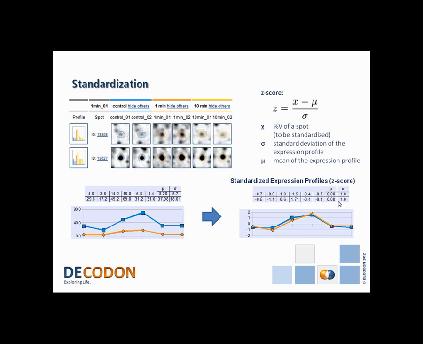The mean is 0 and the standard deviation is 1 for each Z-score set of values. And then the new expression profiles have the same range, so they are mapped into the same data space, and that means that you can easily see that they have a certain identical dynamic behavior or very similar behavior.